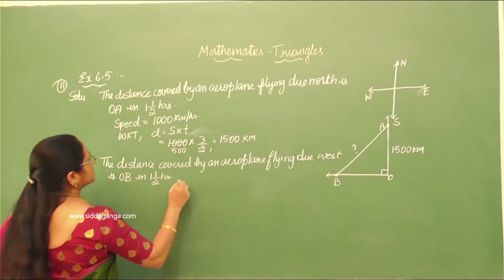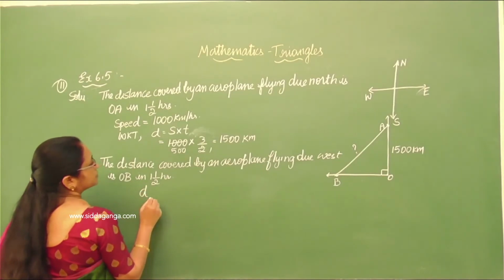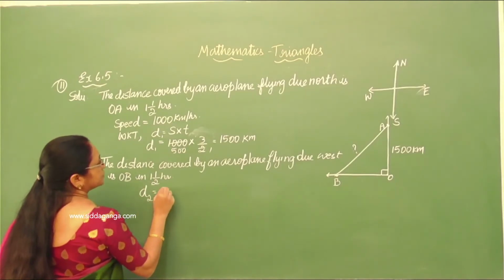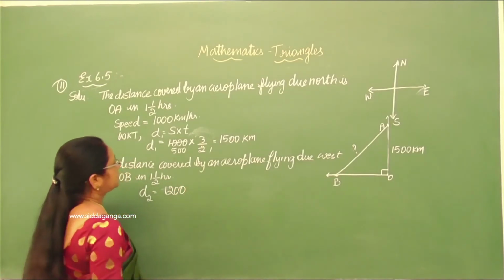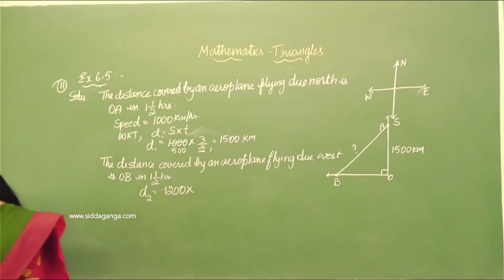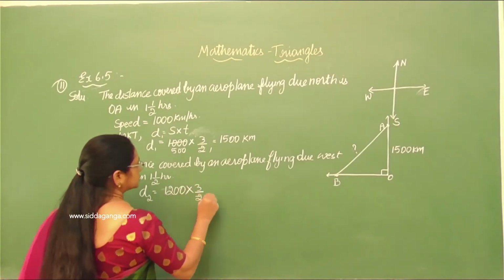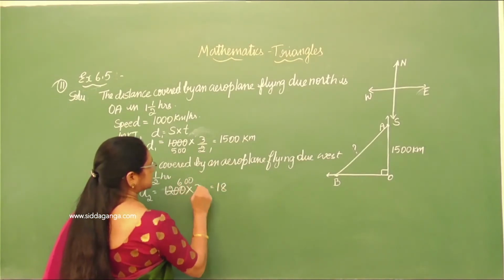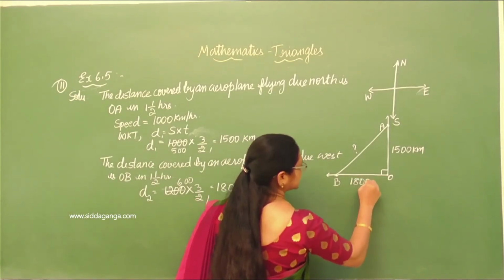So again we'll find out the distance. If you take D1, this can be D2. How much? Speed 1200 into 3 by 2. So 2 ones are 600, and 6 3s are 18, so 1800 kilometers. So this is like this.